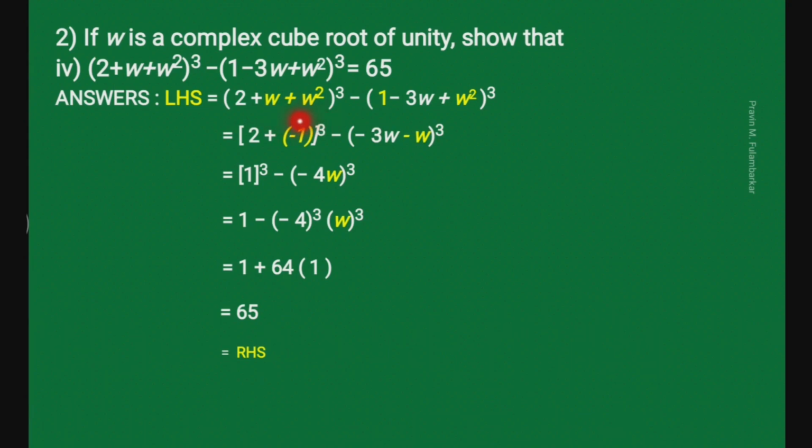So omega plus omega square, which we replace by minus 1. Here this 1 plus omega square, we can write this plus omega square at second position, which becomes 1 plus omega square. So we replace this 1 plus omega square by minus omega. We represent in next step by yellow color. So we represent this 1 plus omega square by minus omega, and this omega plus omega square by minus 1.